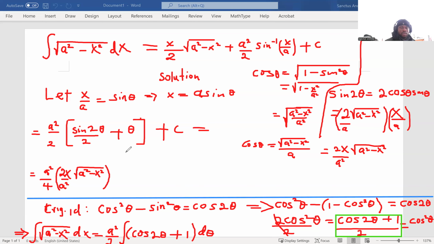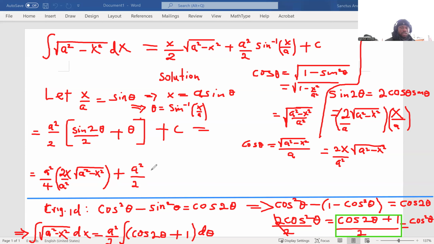Okay. Then plus a squared over 2. And from here, we can have that theta is sine inverse of x over a.